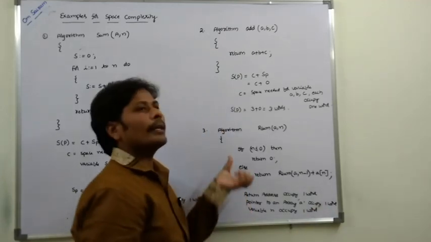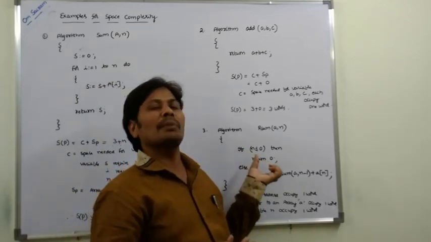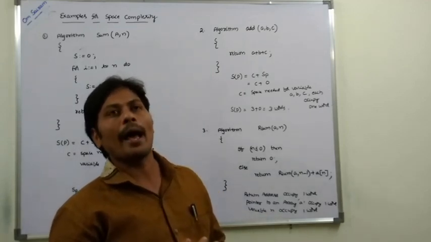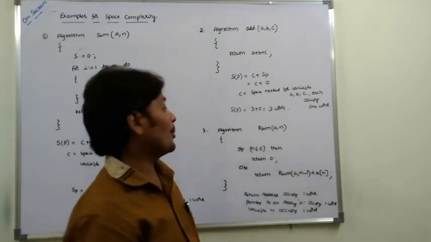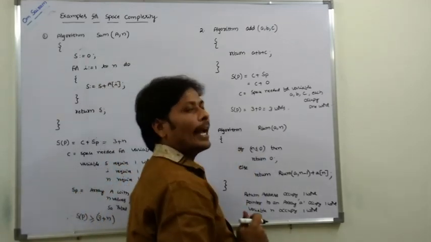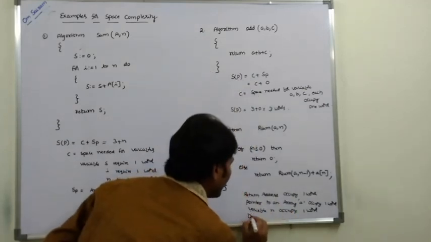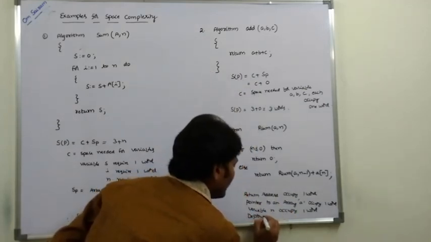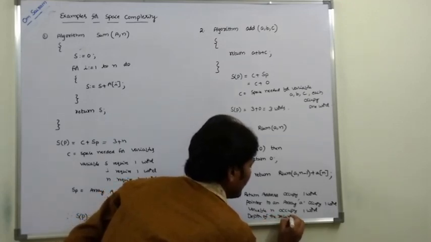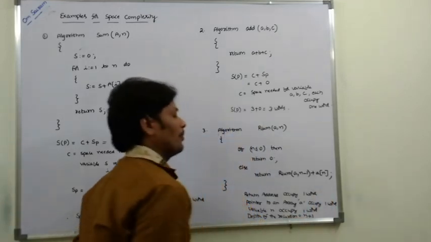Next, where does the recursion fail? The recursion can be represented by using a tree. That tree is called a recursive tree. The recursion fails at the n plus 1th time. Therefore the depth of the recursion is equal to n plus 1.